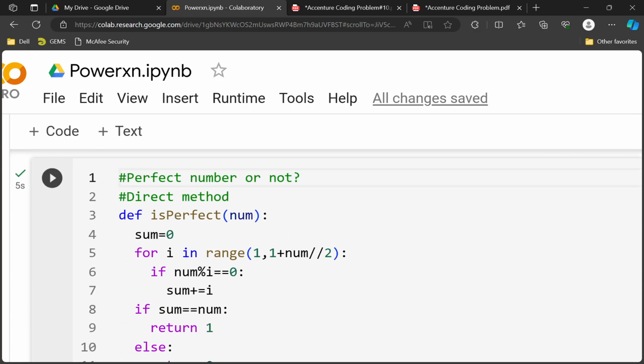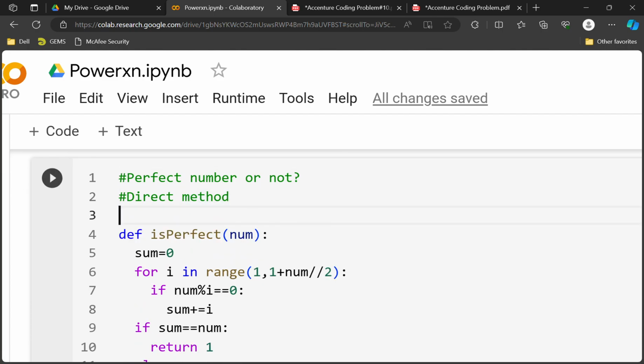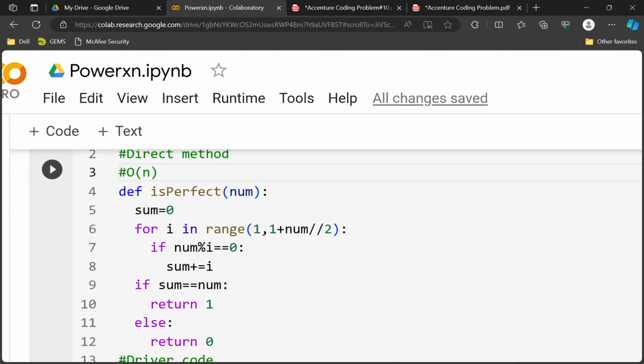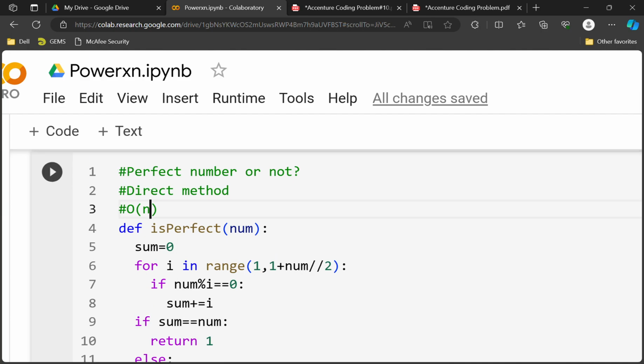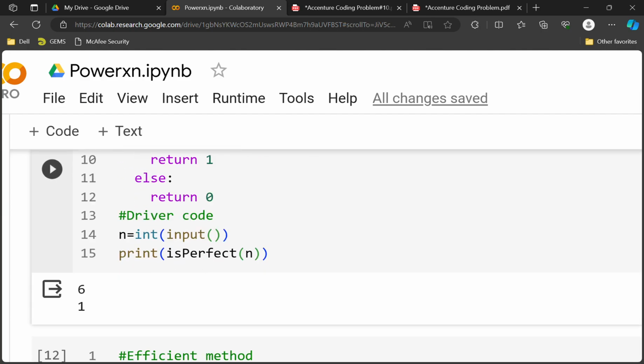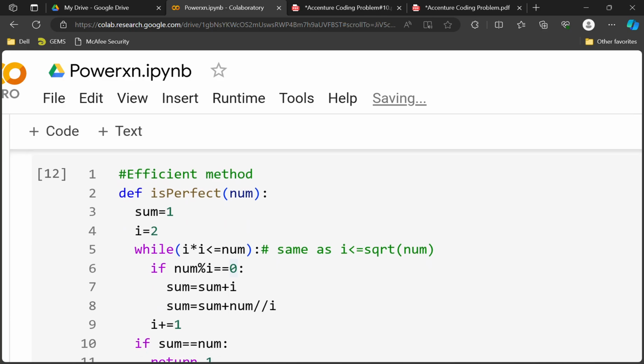But what is the problem with this direct method? Though you are reducing it to half, the time complexity is still said to be big O of n, where n is the number. Not input size here, number. Next, the efficient method.